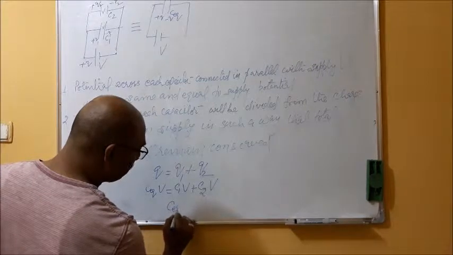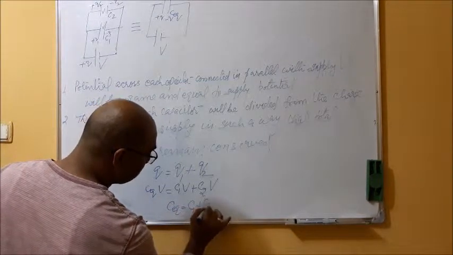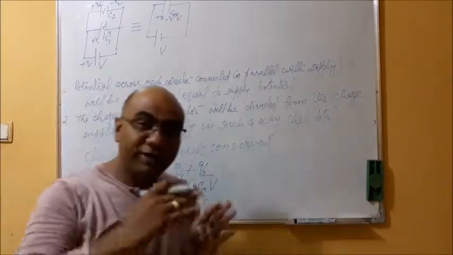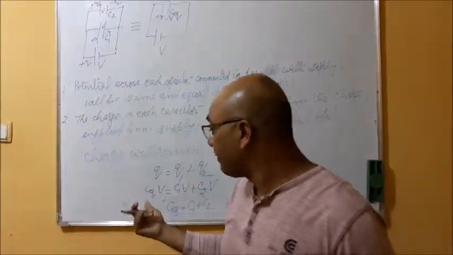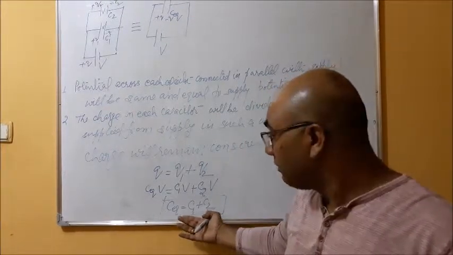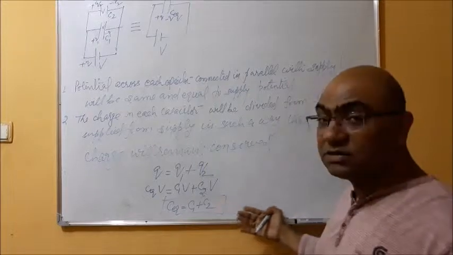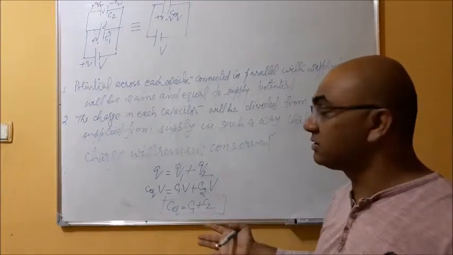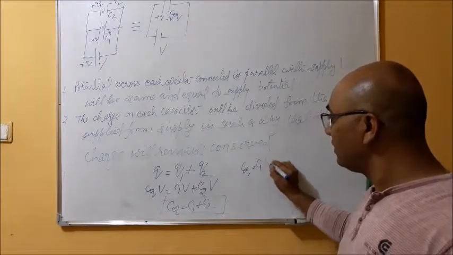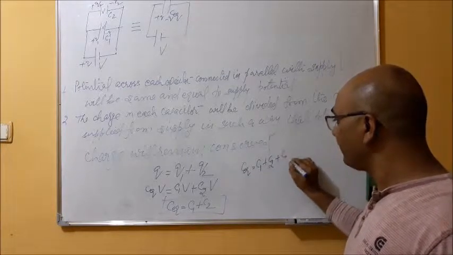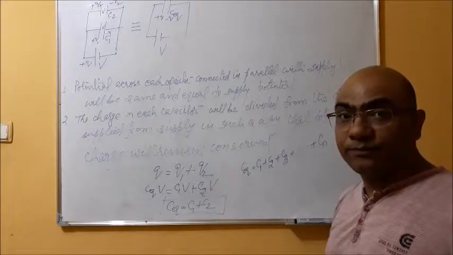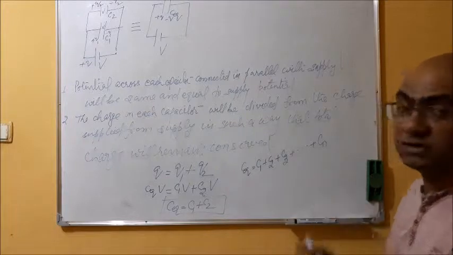So C equivalent is C1 plus C2. So if we have two capacitors in parallel, then the equivalent capacitance is given by adding the capacitances of each capacitor. If we have more capacitors connected in parallel, then the general formula will be the sum of all of them. So this is the most general formula.